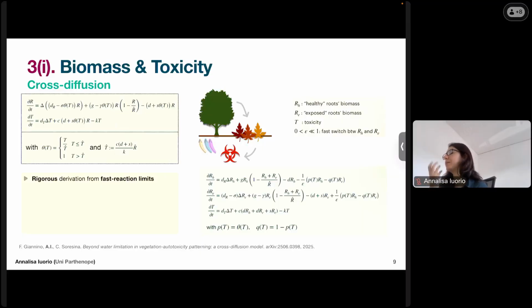And the point is, here you would have these 2 PDEs for the healthy and the exposed roots, and a third PDE for the toxicity. In some sense, this is a more complex model than it needs to be, because when you consider the fast reaction limit, you end up with a system of only 2 PDEs, but with this cross diffusion term.